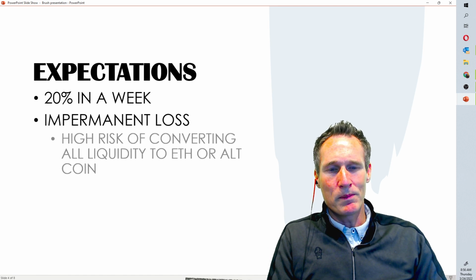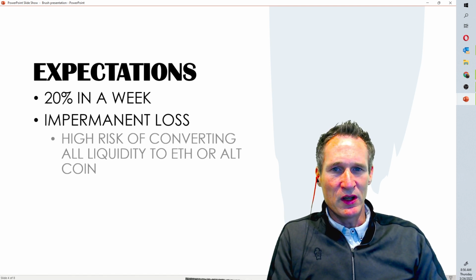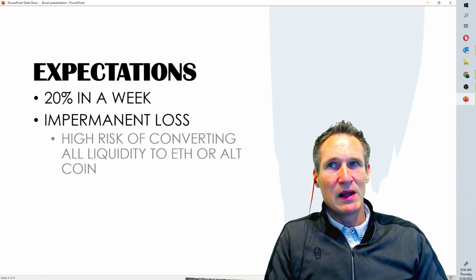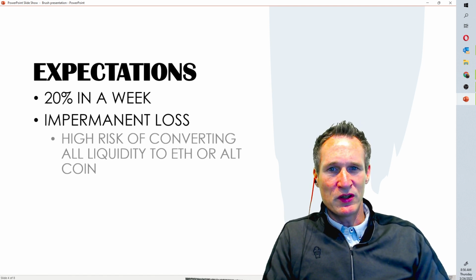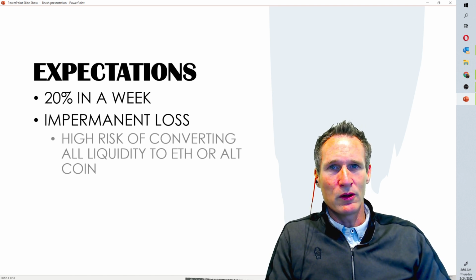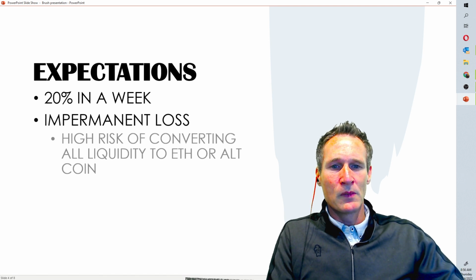If you're providing $1,000 of liquidity and there are $100,000 within the pool, then you're at 1% of the pool. So you would theoretically get 1% of the transaction fees. I'll show you how to research that as well. There's a little more that goes into it, but you'll see.